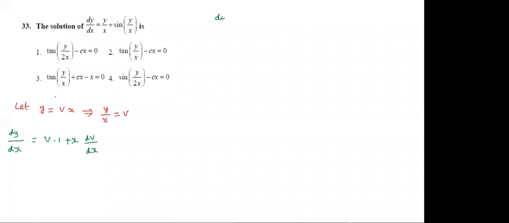What is given? dy by dx is equal to y by x plus sine of y by x. Dy by dx means already we know that is v plus x into dv by dx. And right hand side, instead of y by x, what we can substitute?